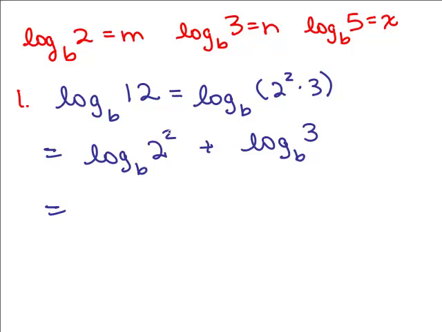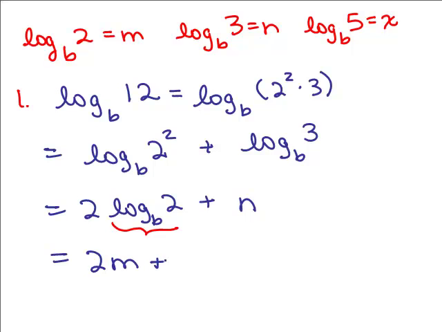And then we could put this 2 out in front, right? You put the exponent out in front, and that gets multiplied by the log base b of 2, plus the log of 3 base b, which is n. Now I plug in what the log of 2 base b is, which is m. So I have 2m plus n, which is the same answer I got when I wrote it as m plus m plus n.